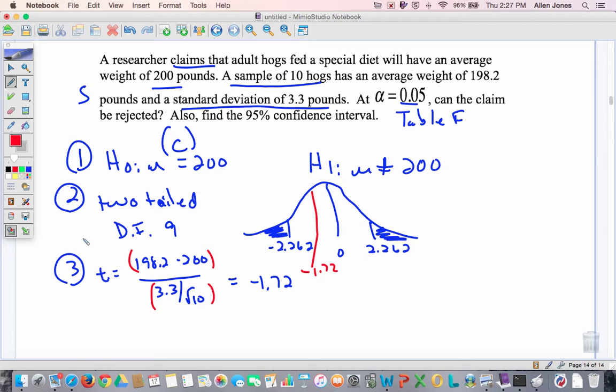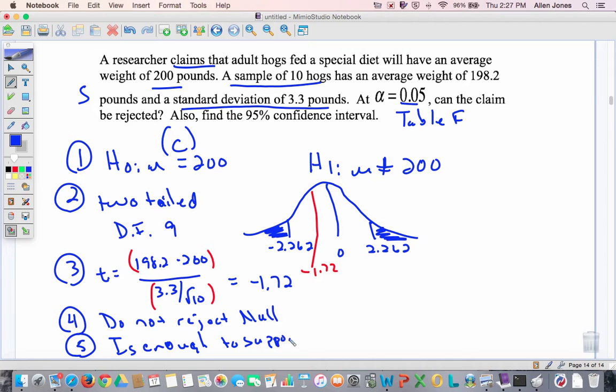Negative 1.72 falls between 0 and negative 2.262, which in this case will tell us to not reject the null. And step number 5, because we did not reject the null and the null is the claim, there is enough evidence to support the claim.